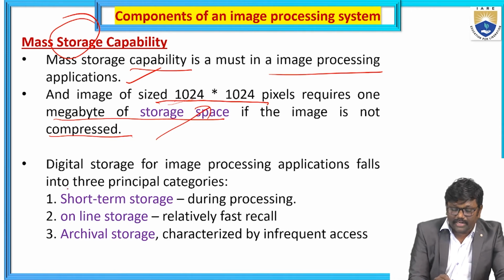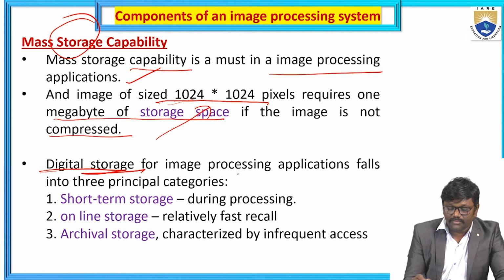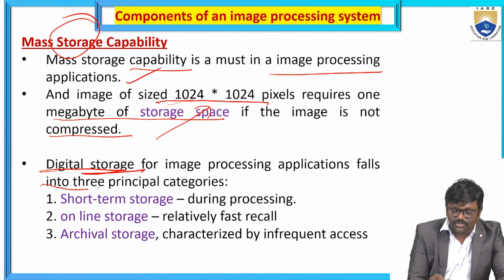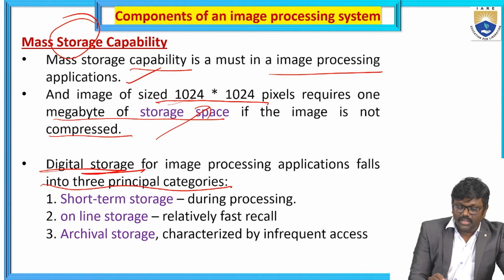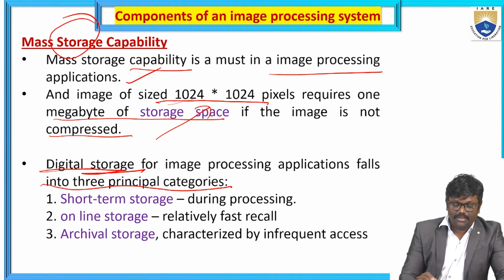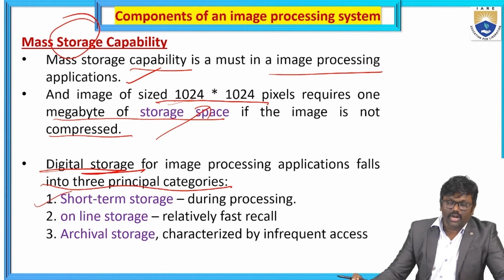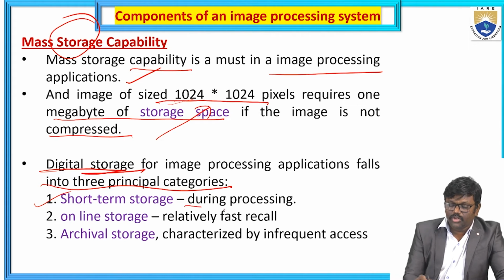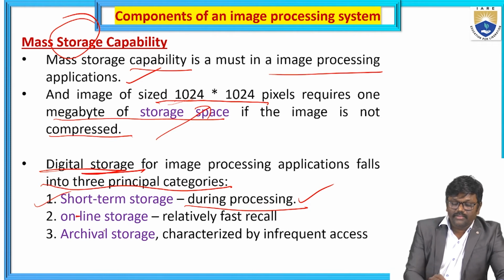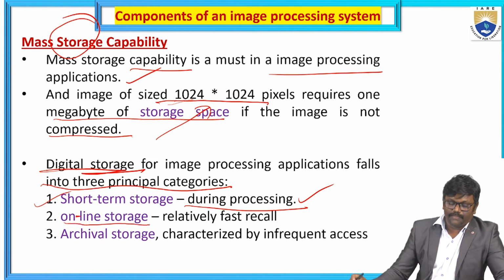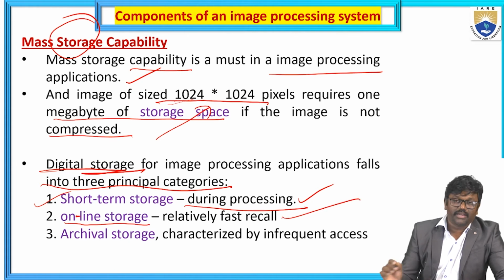So here, once we understand such mass storage device availability, that device is categorized into digital storage for image processing applications, which falls into three principal categories. Number one, short term storage, that is during process time only. Number two, online storage, which is relatively fast to recollect.